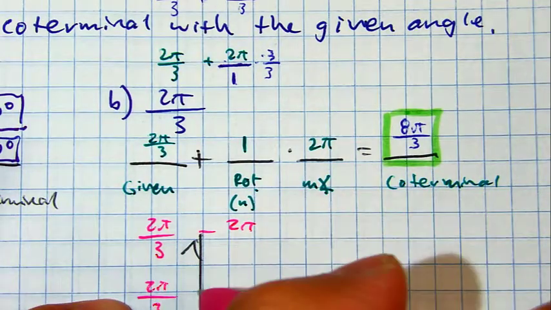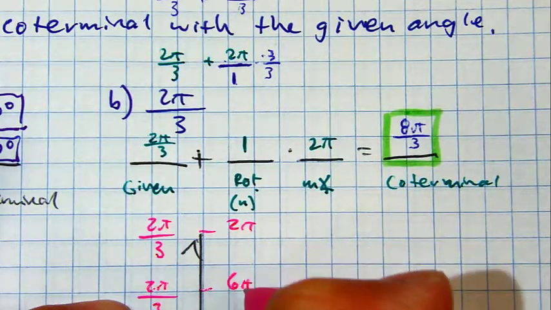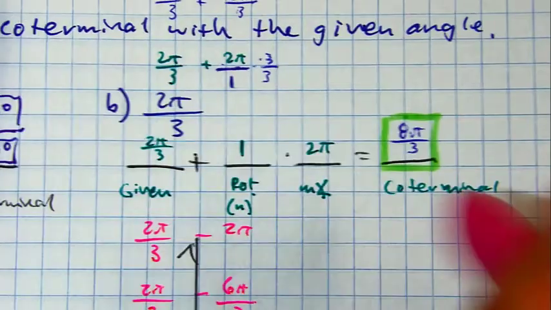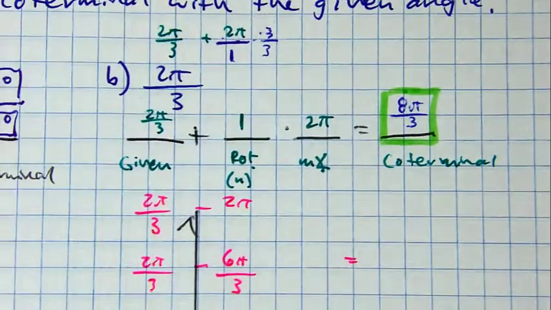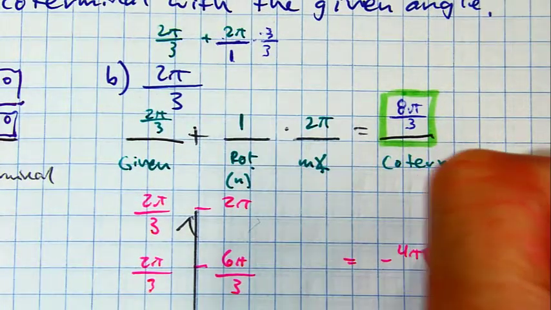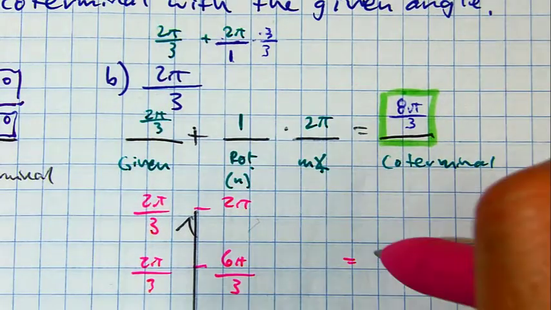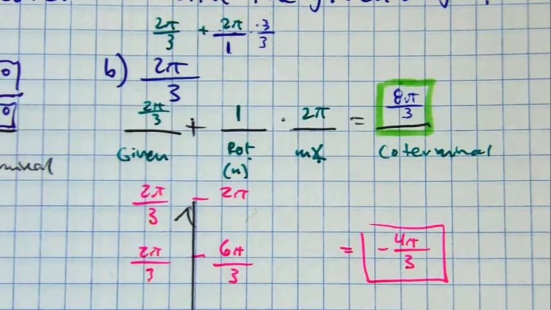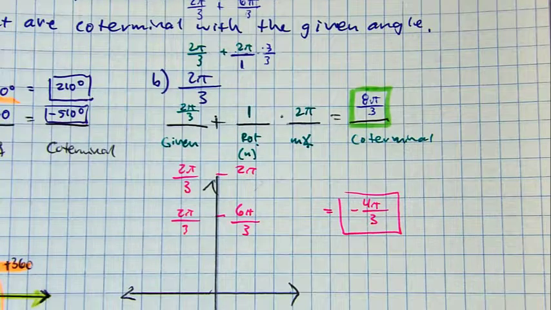That's going to be 6 pi over 3. Class, 2 minus 6. Positive or negative? Negative 4 pi over 3. My two answers are going to be 8 pi over 3 and negative 4 pi over 3.